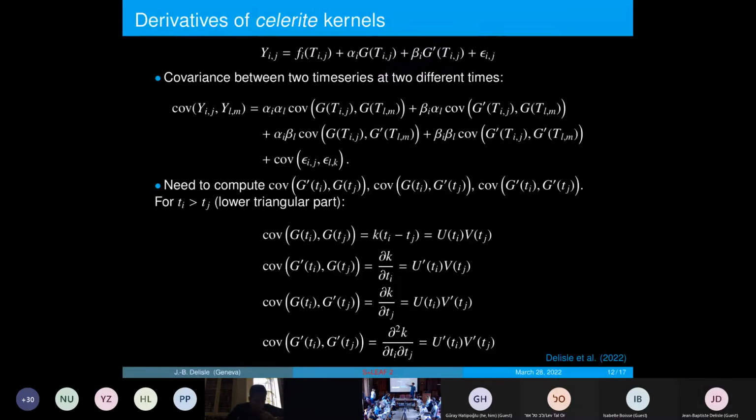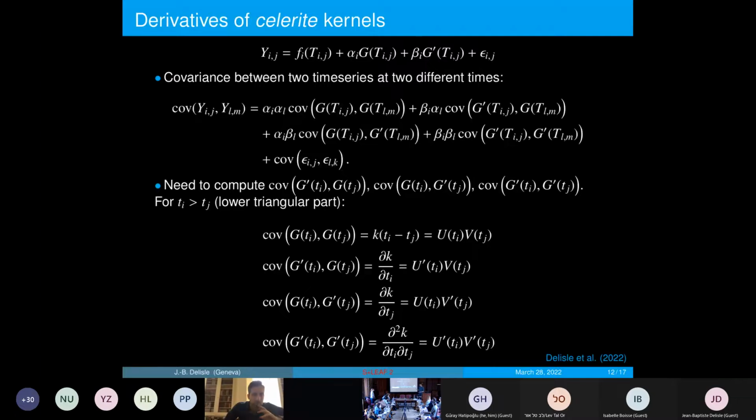So we only need to compute the derivative of U times V. And here we only need to compute U times V prime. And for the covariance of the derivatives, we need to derive both U and V.